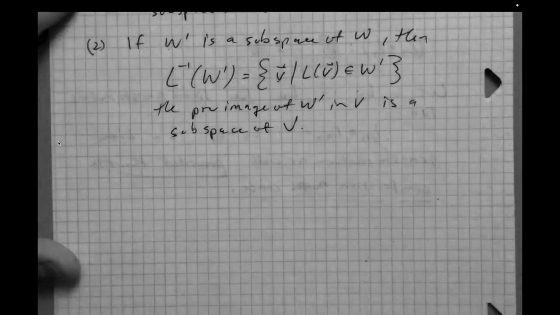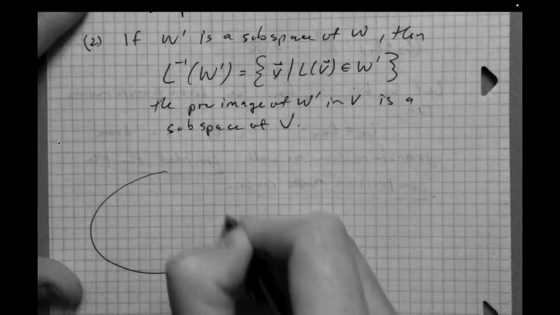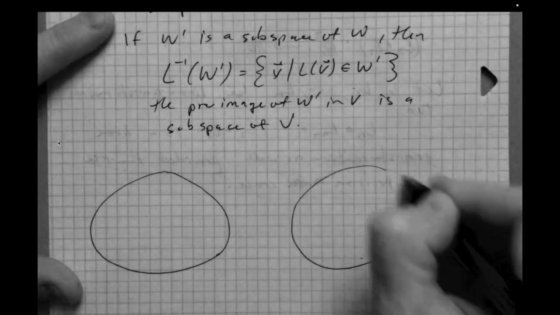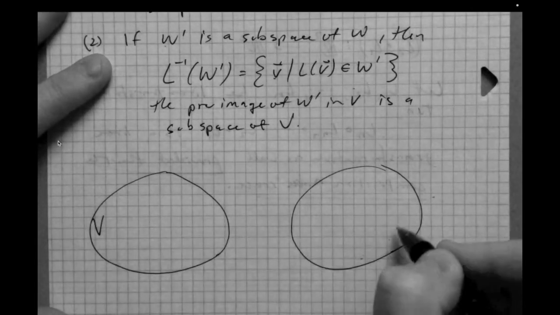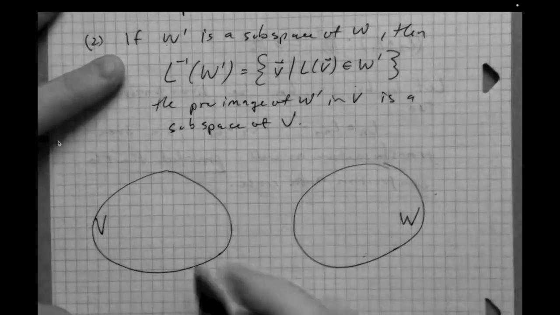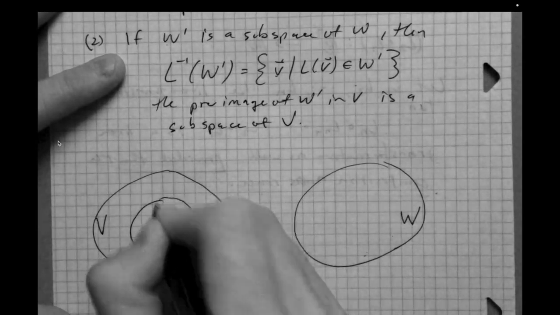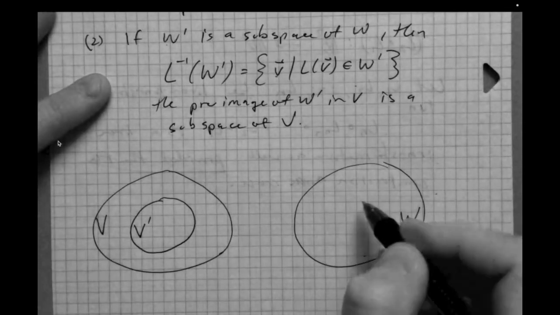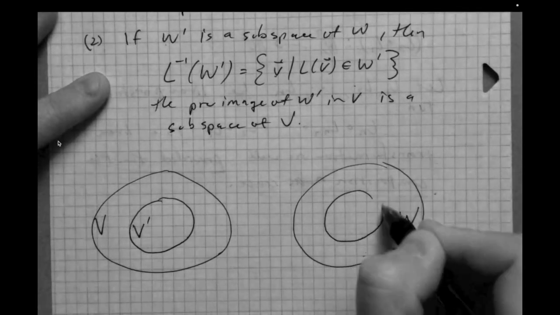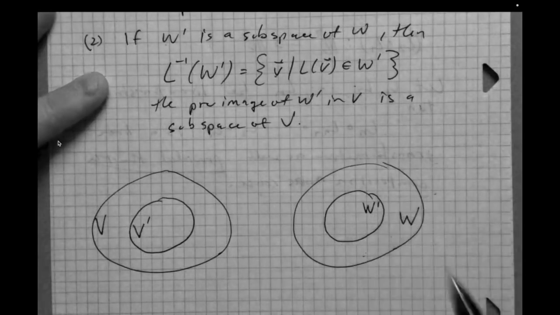So it kind of looks like this. Here's the way to think about it. I've got my two vector spaces. Over here I've got V, and here I've got W. Inside of V, I have some subspace V prime. And inside of W, I've got some other subspace called W prime.